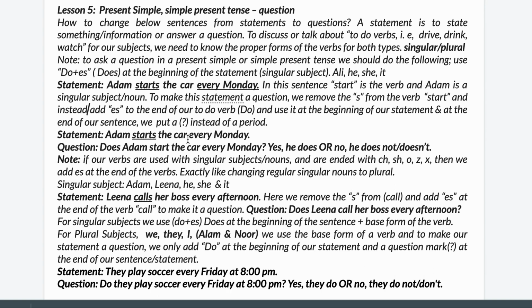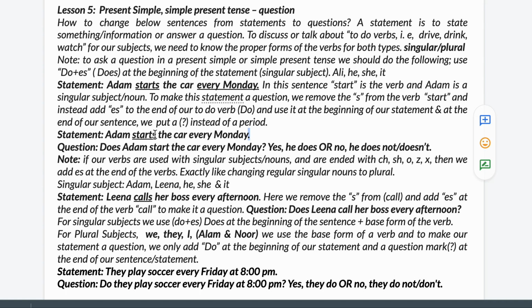Adam starts the car every Monday, and we have here a full stop or period. So when we see a period at the end of a sentence, that's obviously a statement. Okay, this is something we utter. This is something we state. But if you want to make it a question, if you want to change this statement and make it a question, we put do at the beginning of the statement and put es.